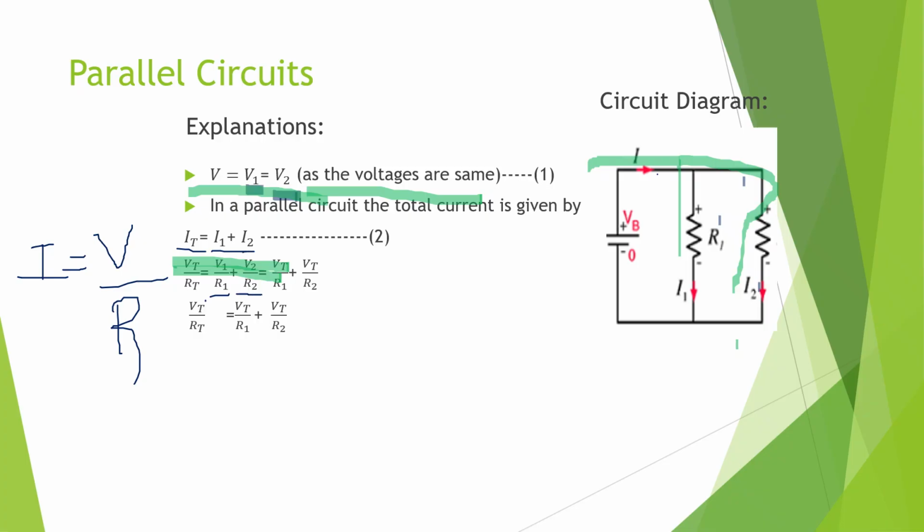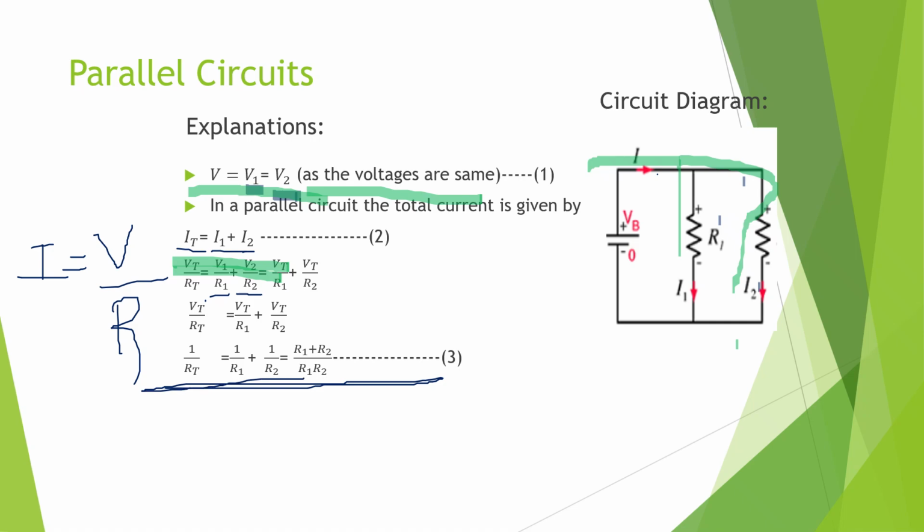In the parallel circuit the voltages are the same, therefore they get cancelled, and our total resistance is 1 by RT is equal to 1 by R1 plus 1 by R2.